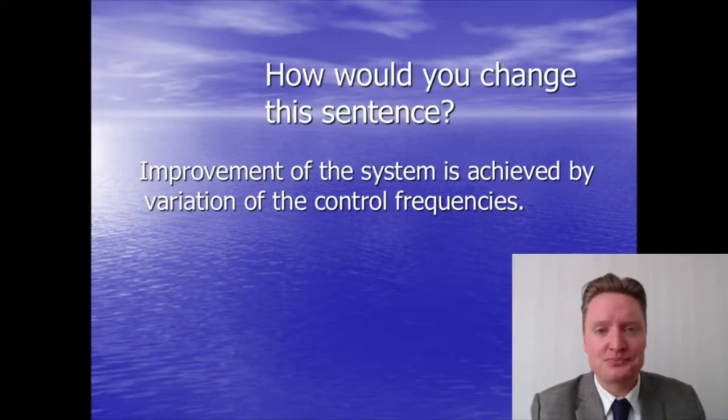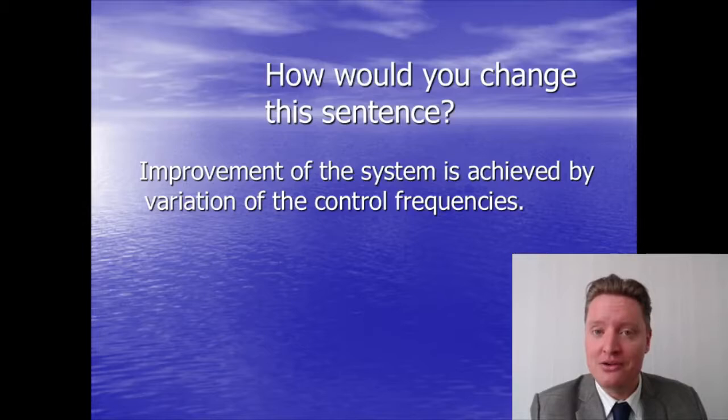Here is a sentence. Improvement of the system is achieved by variation of the control frequencies. Now, the first thing we do is we look for a noun in this sentence that can be changed into a verb. Now, I see the word improvement, and I know I can make that into a verb, improve.